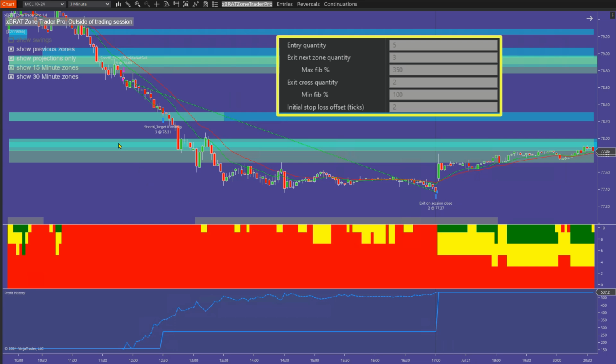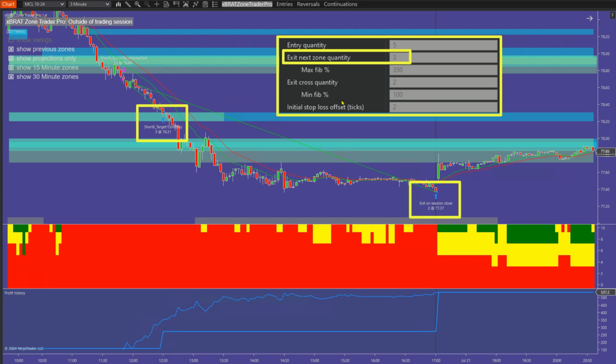So again, this is another one where we push through, we pull back, it reverses, and then we go again. In this situation, though, we have multiple contracts. We've got 5 contracts here. And what we've done is exit at next zone is 3. So we can see at this point here, it hit the next support zone. It took 3 of those contracts off.